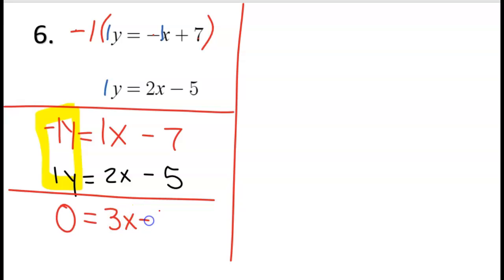3x minus 12. I'm solving for x. I need to add 12 to both sides to cancel that out. Running out of room, so I've got to go over here.